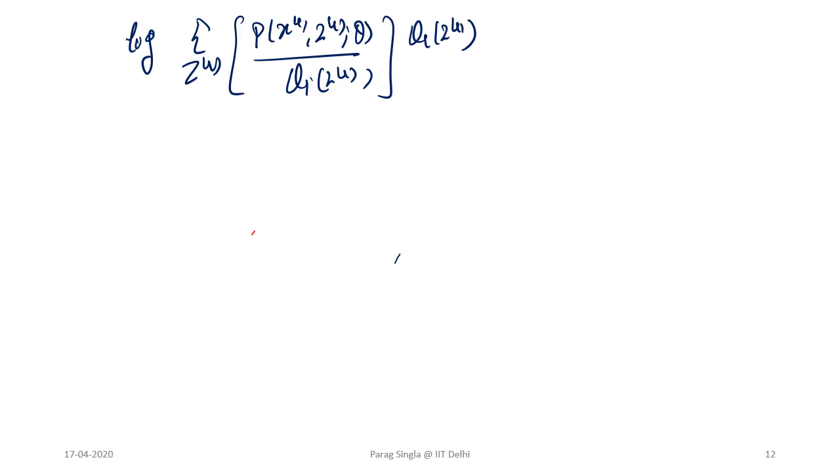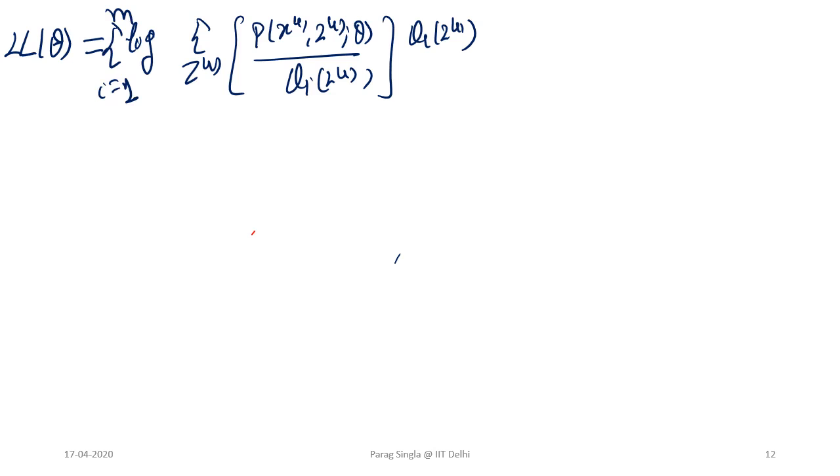So, log of summation over zi of p of xi, zi parameterized by theta, times qi zi over qi zi. This is the expression, and remember that this was nothing but the log likelihood of the data, because this qi zi was an extra that we multiplied and divided by, and the rest was, right, now I take a sum over all examples.